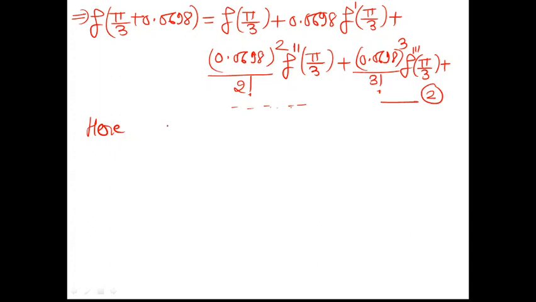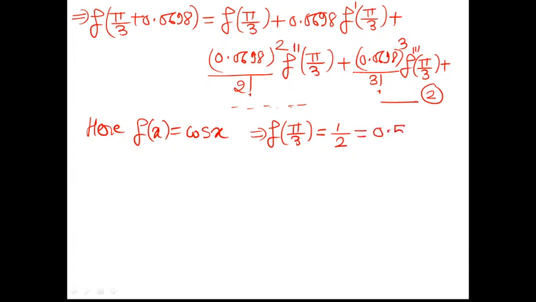Now here f of x is cos x, so its value at pi by 3 is cos of 60 degree. Cos 60 degree is nothing but half, which is equal to 0.5.